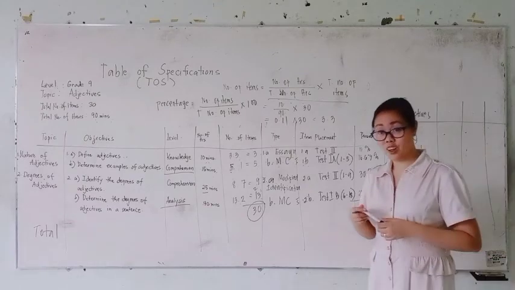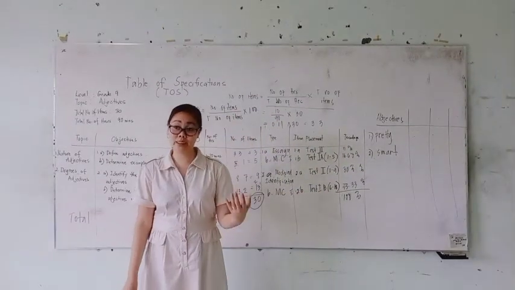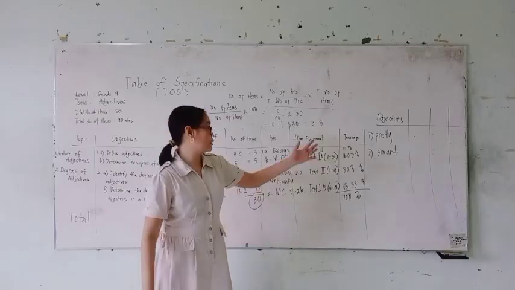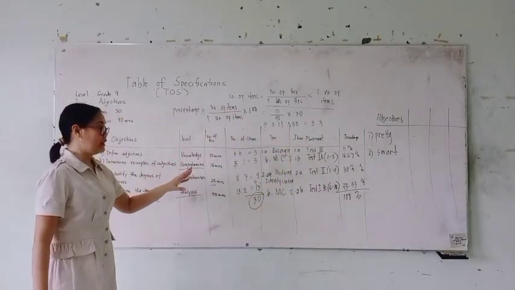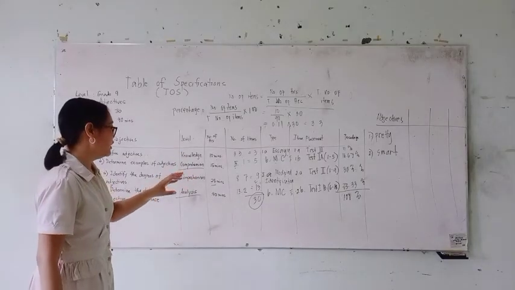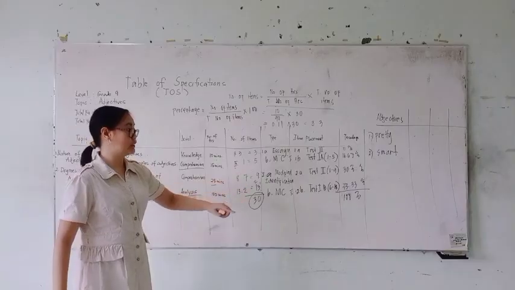Alam mo na may error ka kapag yung 100% na yan, naging 105, may mali ka dun sa percentage computation. Now, if you're gonna look at it, mainly, ang test item mo is composed of analysis. That's 43.33%.